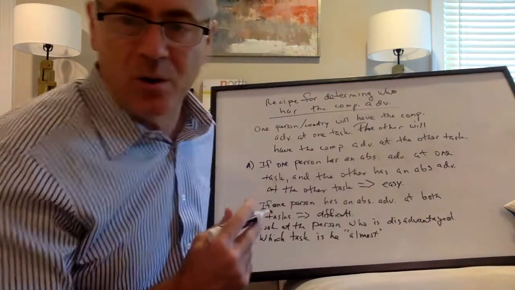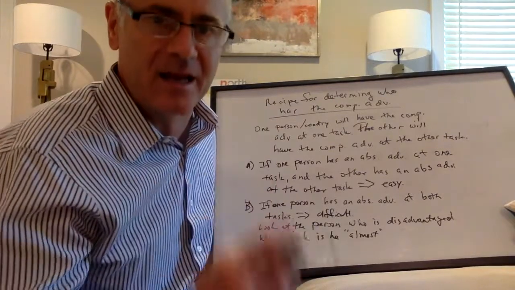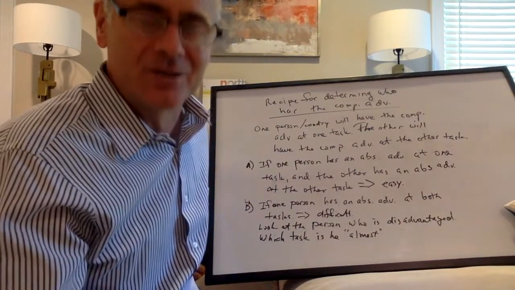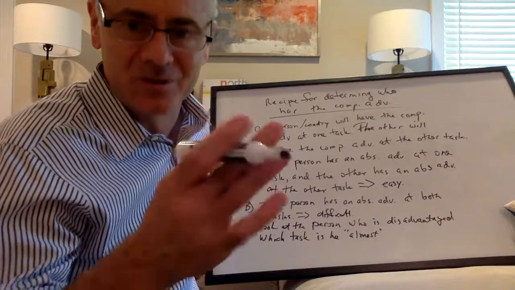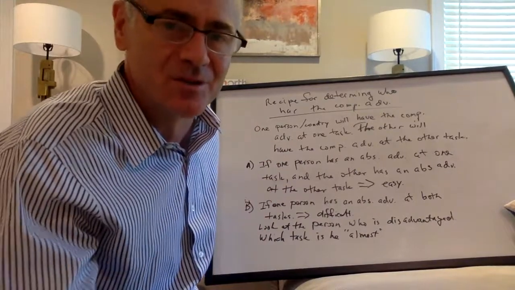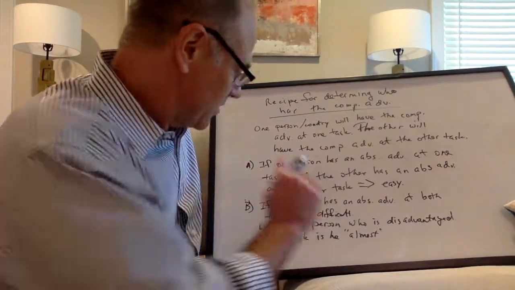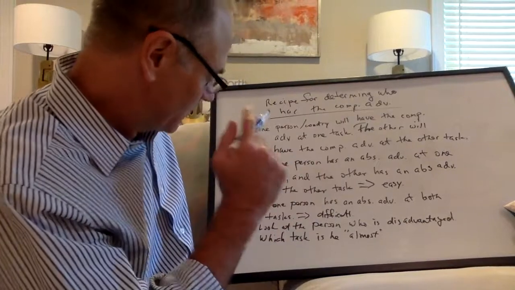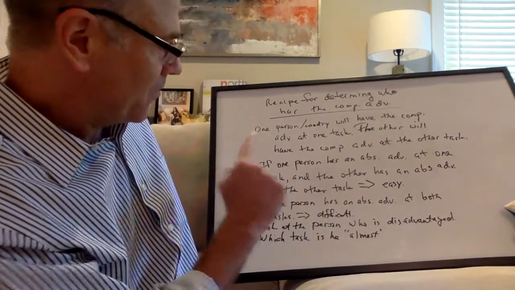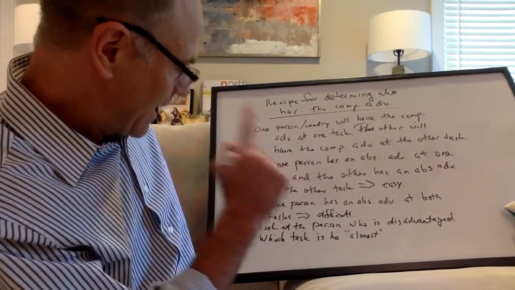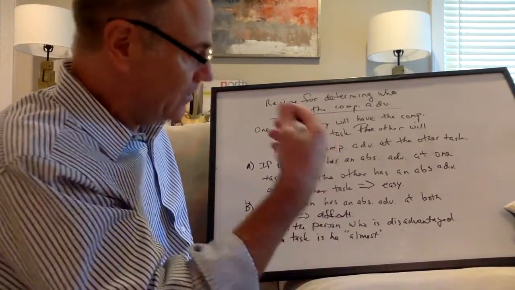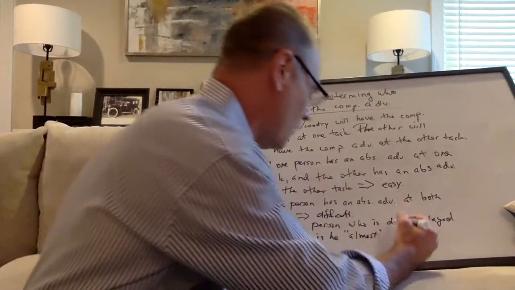Okay, I'm going to put that in quotes for now. Later we'll explain almost. It turns out you have to do a math problem, use some division. So you have to use some 7th grade math to determine what almost means. But now put it in quotes. Look at the person who's disadvantaged. Ask which task is he or she or that country almost as good at.